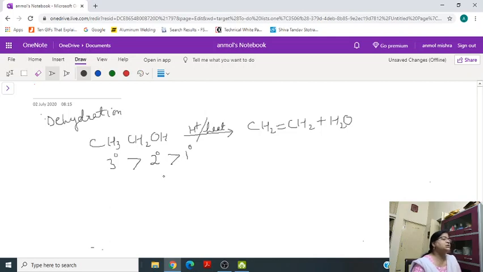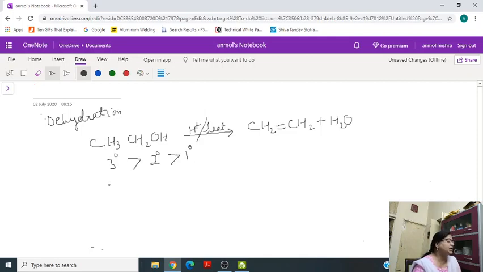So the conditions for tertiary alcohol will be more mild than for secondary, than for primary.